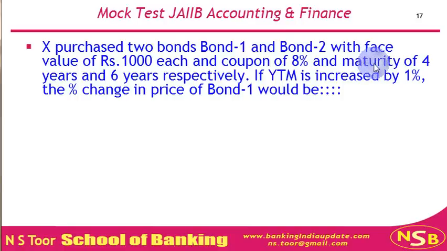For bond 1 it is 4 years, for bond 2 it is 6 years. Now our question is, if YTM is increased by 1%, YTM means the current rate of interest of the market, the percentage change in price of the bond would be. Here we have the options.